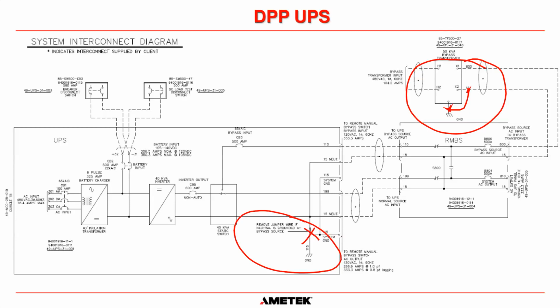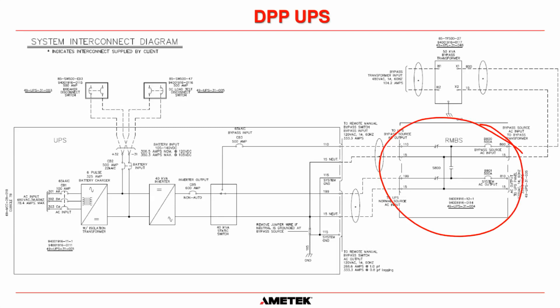Now, there is another place to do it. You can actually do it within the RMBS, because what you've got to decide is which part of the system is less likely to be replaced, because the main decision-making factor when you connect the neutral to ground is you want it at a place where you're never going to have to lift that neutral.